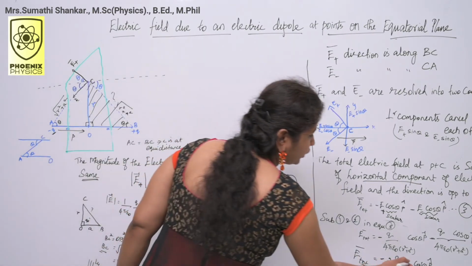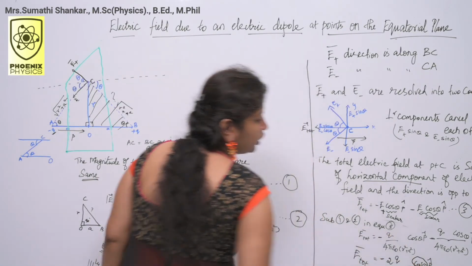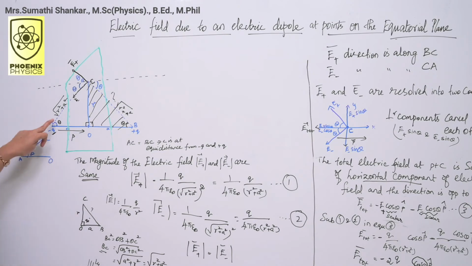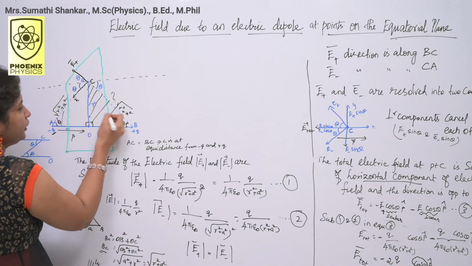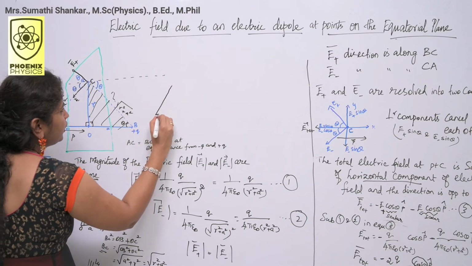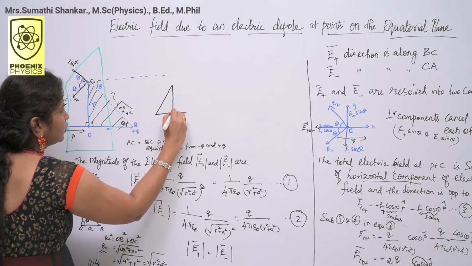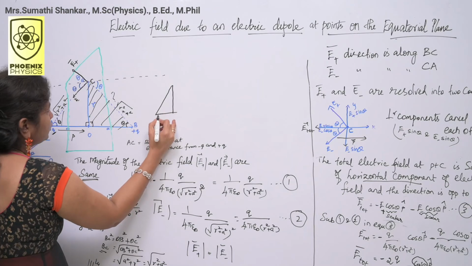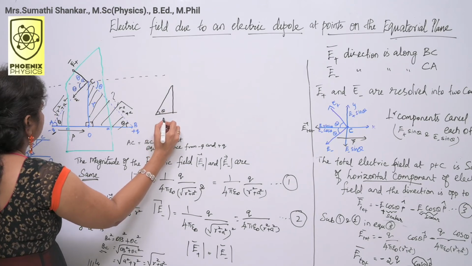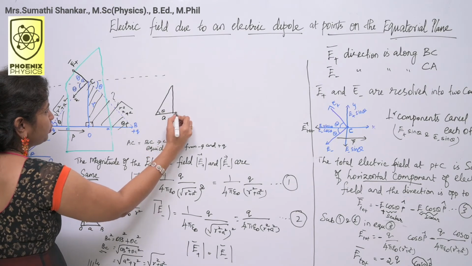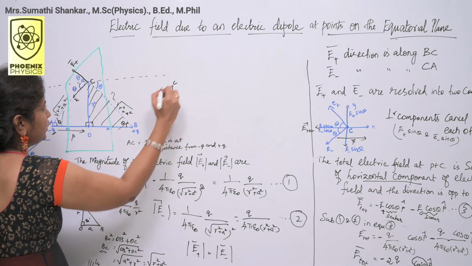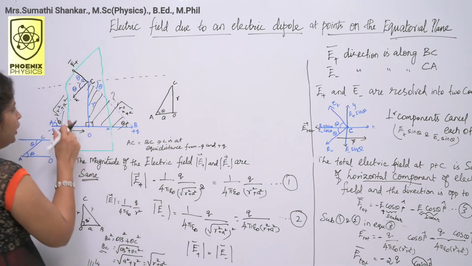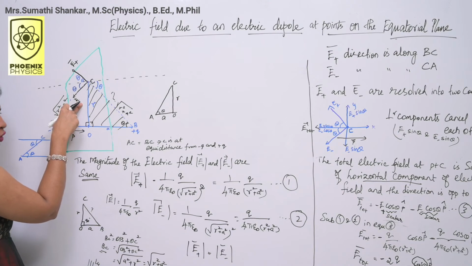I want to find out the cos theta value. Here look at this diagram. This triangle, or any one of the triangles. Say this is theta, this is A, this is the center point O, R, C, and this is A. I have considered this portion alone.